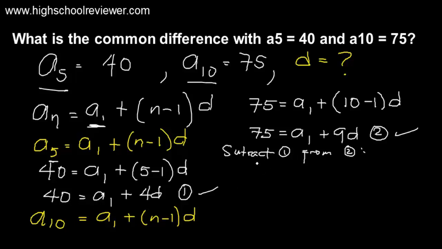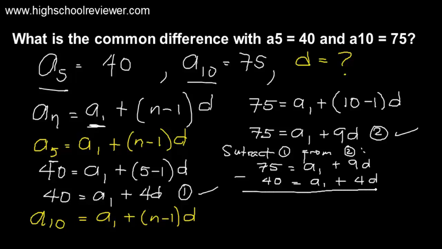So again, our equation 2 here is 75 equal to a sub 1 plus 9d. Subtract this by equation 1, which is 40 equals a sub 1 plus 4d.